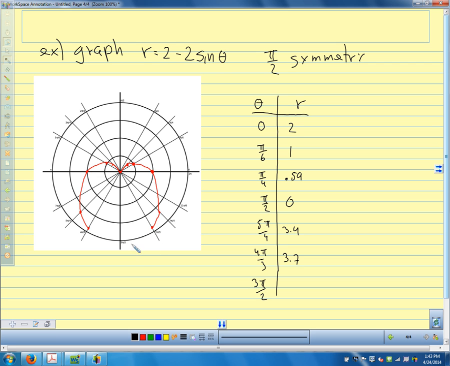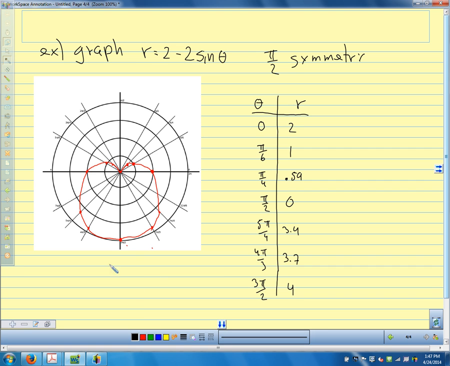What's my y coordinate down here? Negative 1. So my radius turns out to be 4. So I end up with this point down here, like so. And this shouldn't go down below here.